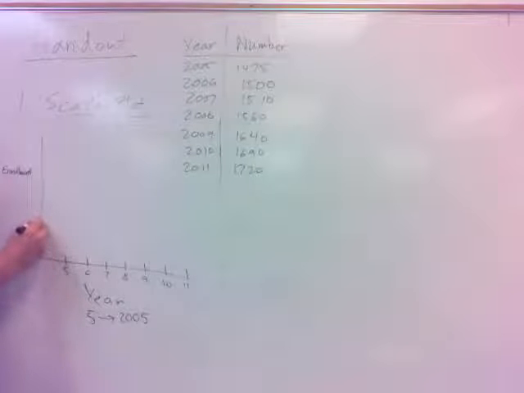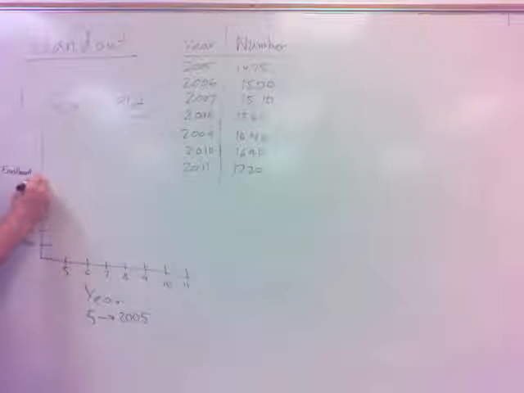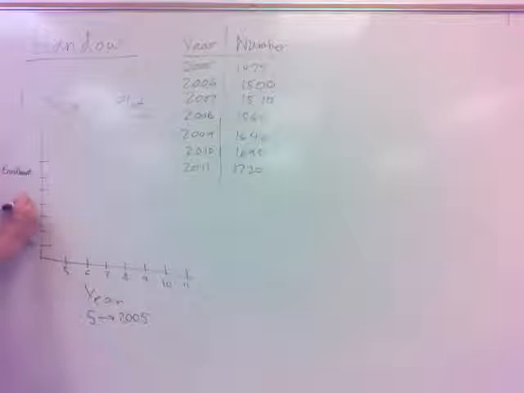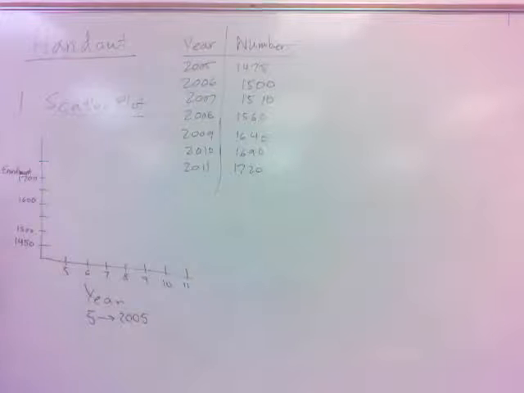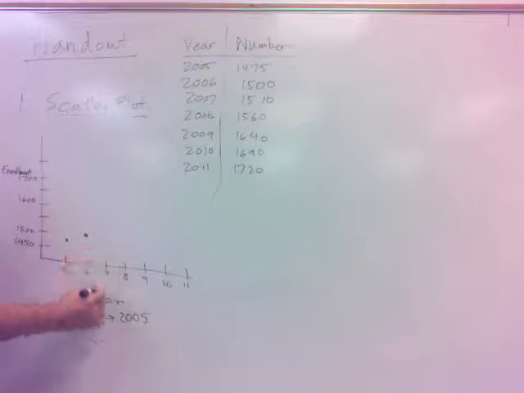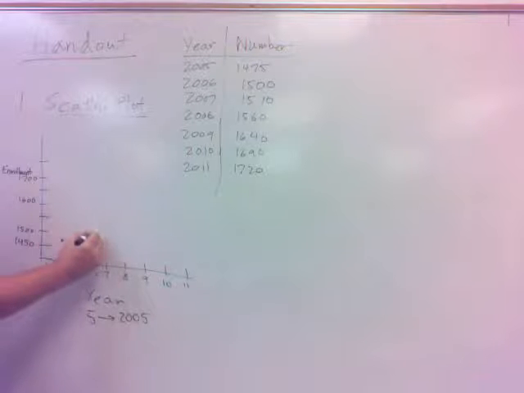Then 1500, 1550, 1600, 1650, 1700, and then 1750, something like that.